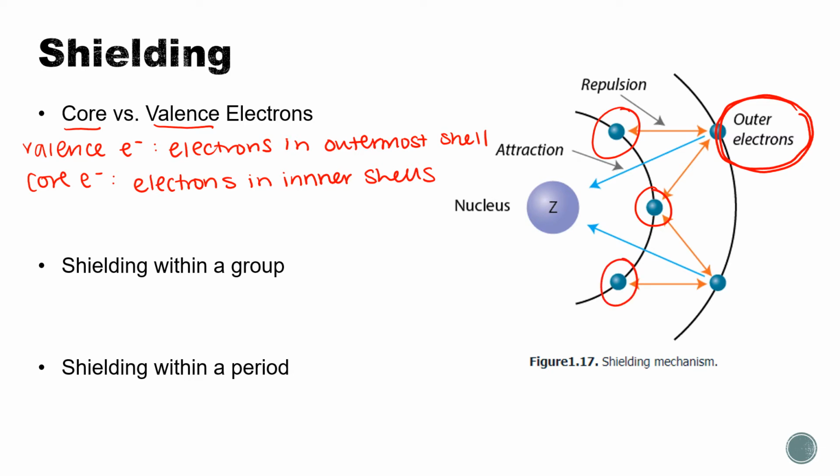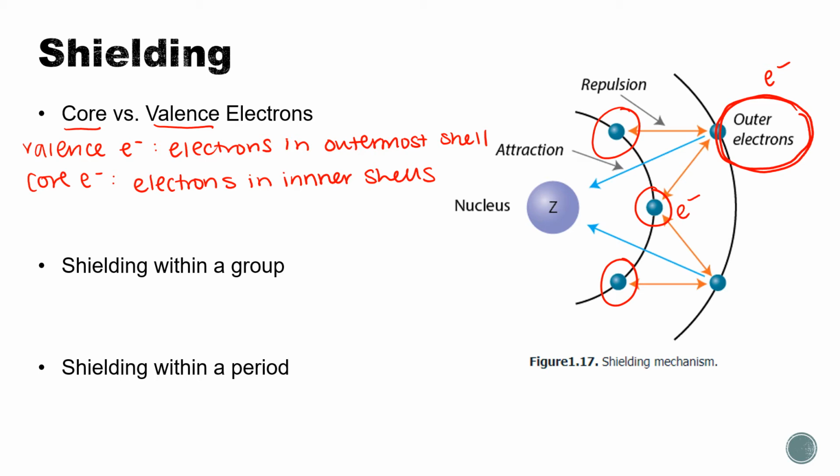So because the electrons are both negatively charged, these electrons are going to end up repelling one another. So the core electrons are going to be trying to repel the valence electrons from getting to the nucleus.